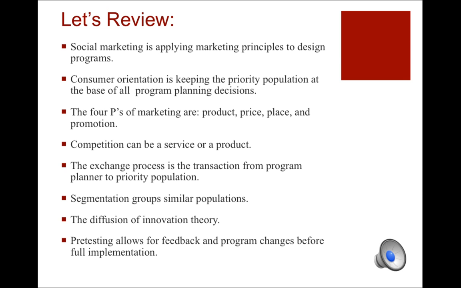The entire transaction from program planner to priority population is called the exchange process and can be segmented into separate populations depending on similar characteristics. Lastly, we learned how the diffusion of innovation can be used in the program marketing and why it is helpful to pre-test marketing strategies for feedback before full program implementation.